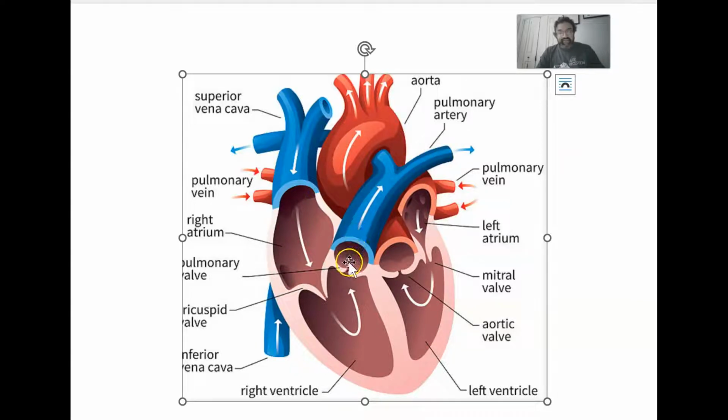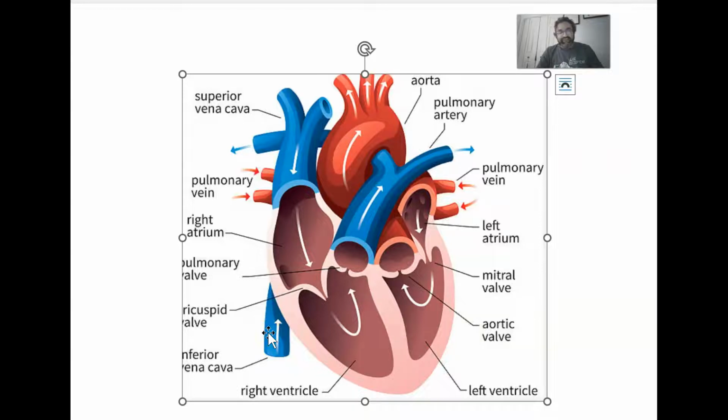But what starts to happen is this starts to back up. And once this is backed up, when the right ventricle is backed up, then the right atrium is backed up as well, and then the superior vena cava and inferior vena cava get backed up, and you see ascites.